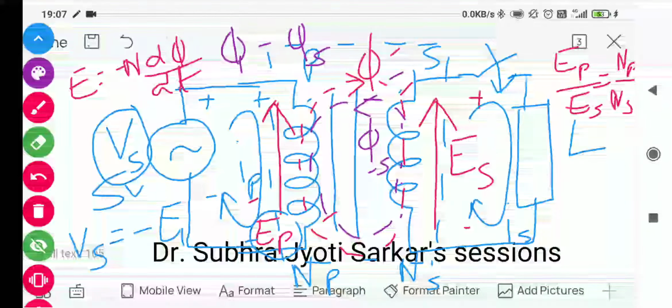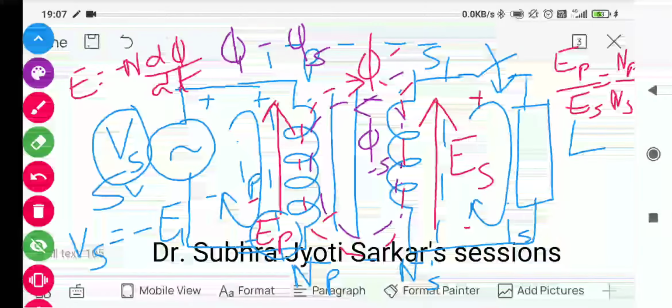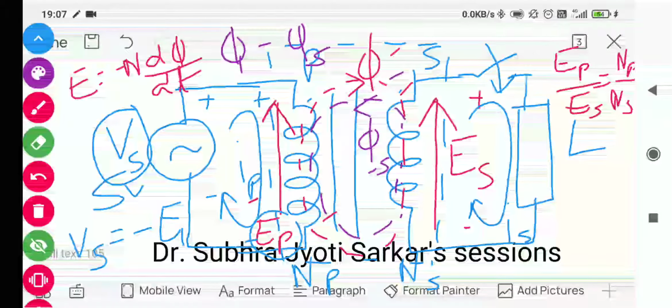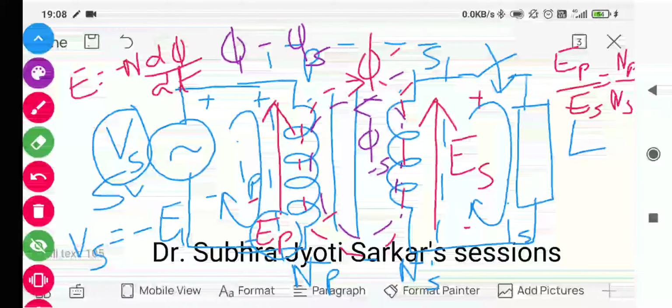So what about EP and ES? In that case, EP and ES tend to reduce because the total flux tends to reduce. Now when EP and ES tend to reduce, what is going to happen?